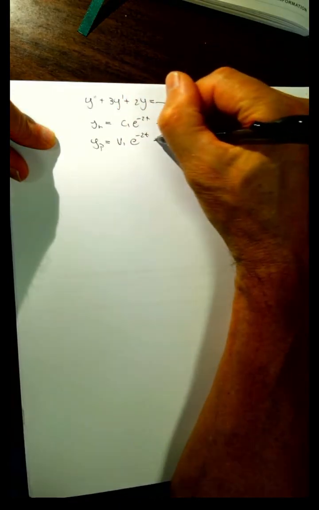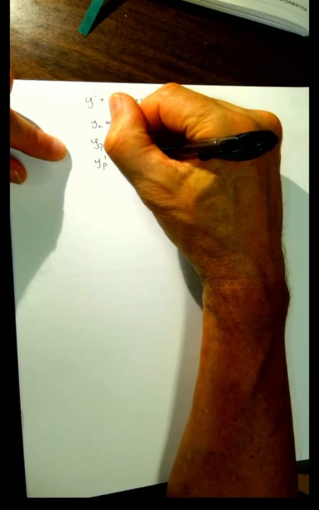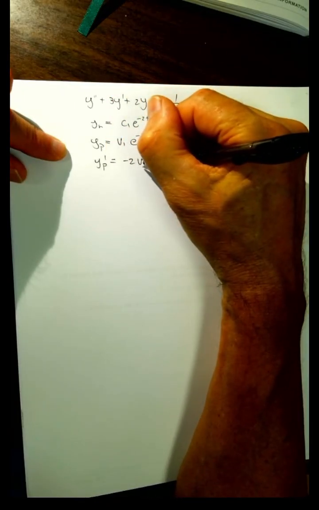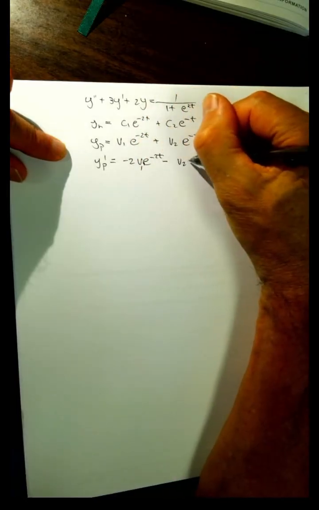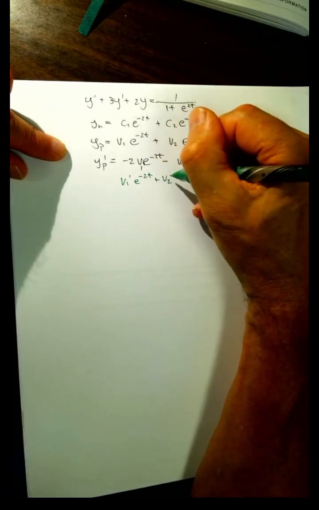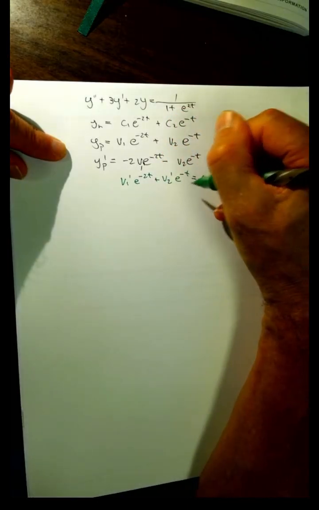My particular solution was v1 e to the minus 2t plus v2 e to the minus t, and that led us to the derivative being yp prime is minus 2 v1 e to the minus 2t minus v2 e to the minus t, but that's only true if v1 prime e to the minus 2t plus v2 prime e to the minus t is 0. So that's my equation 2.